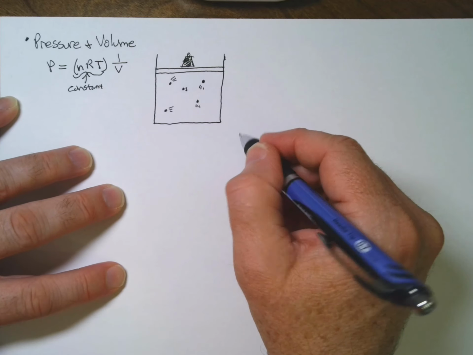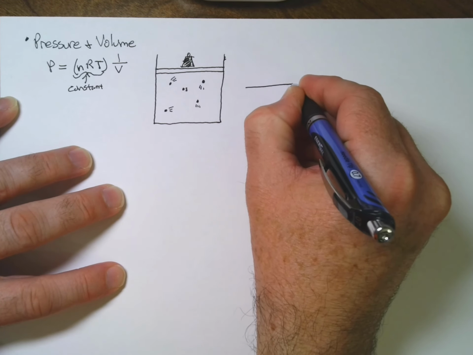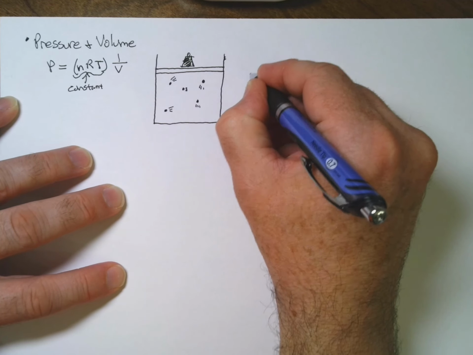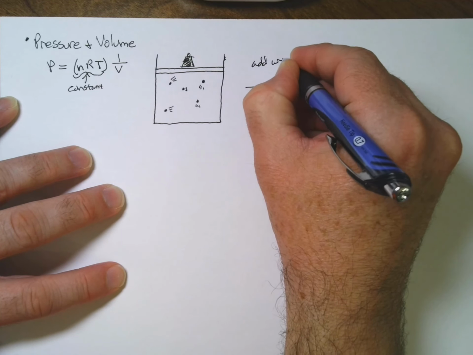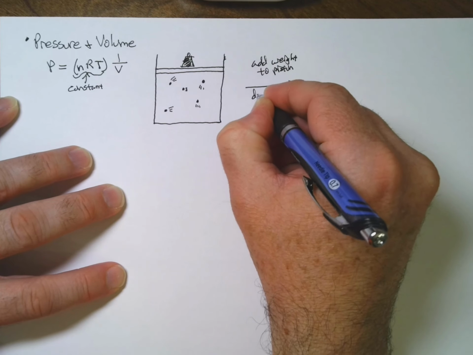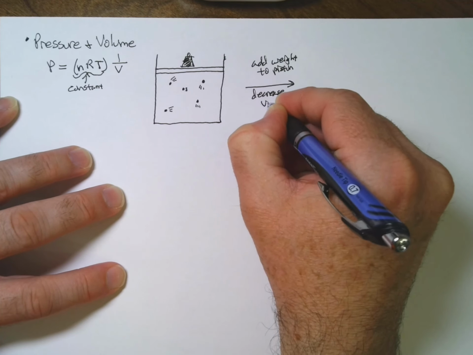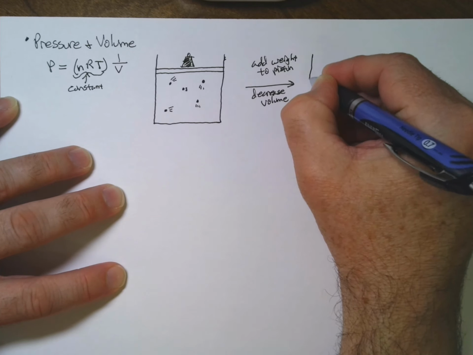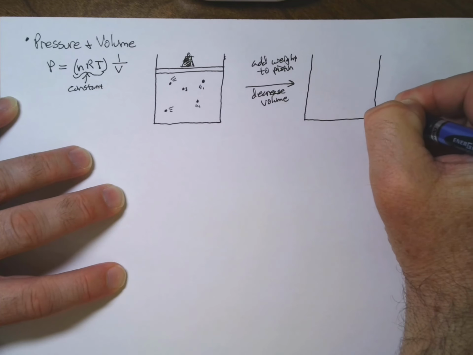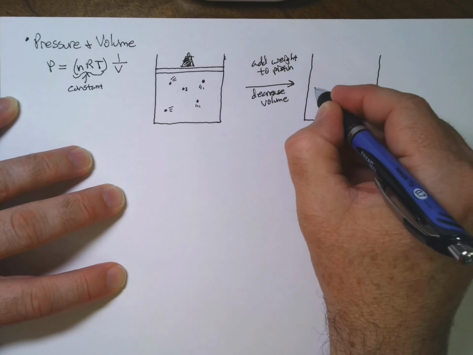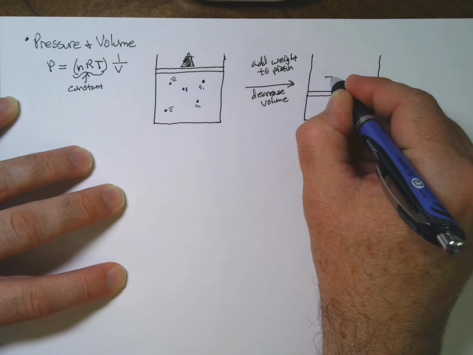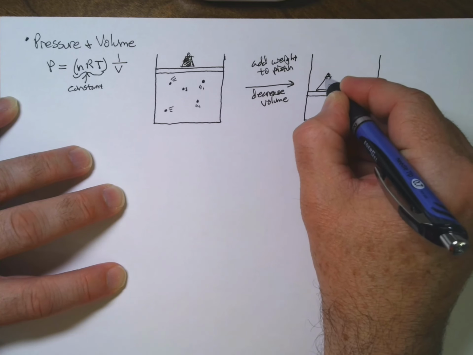Now, if we add weight to the piston and decrease volume, we'll have two little weights here.